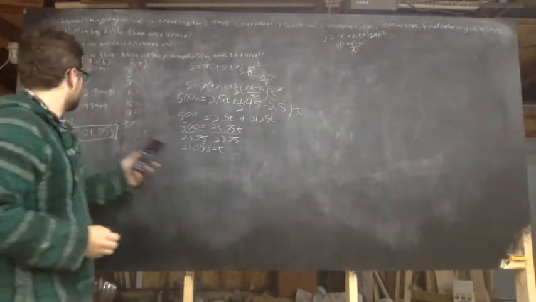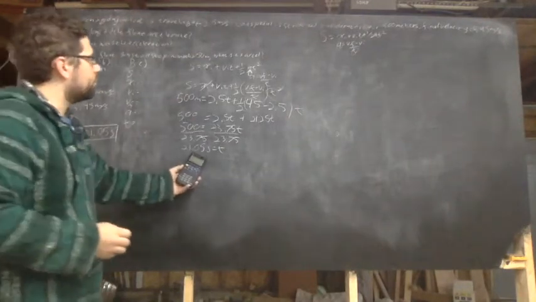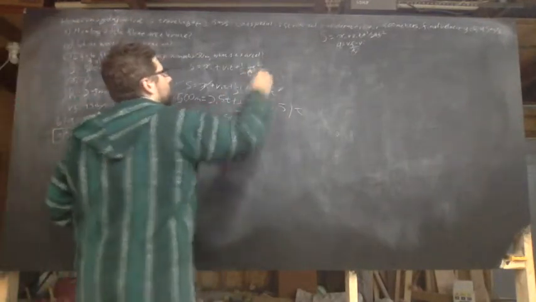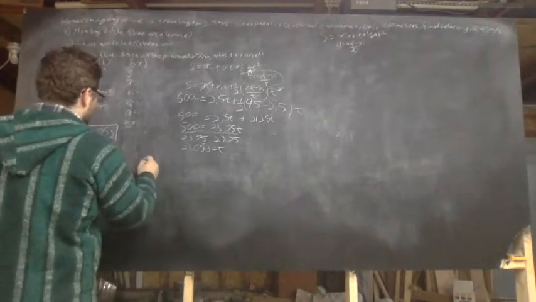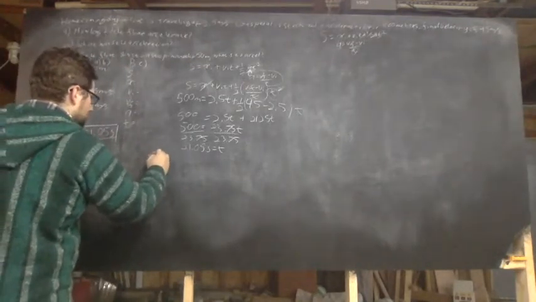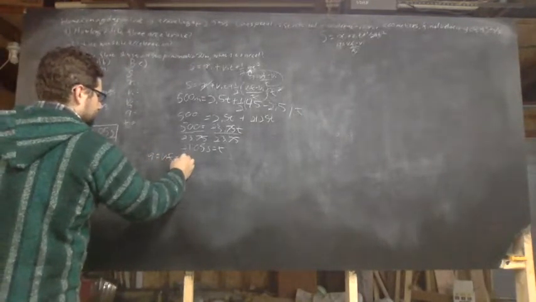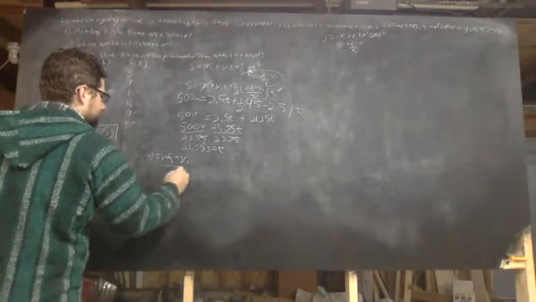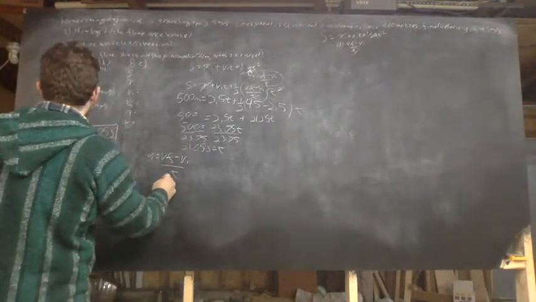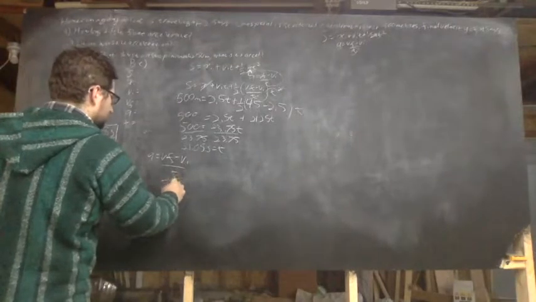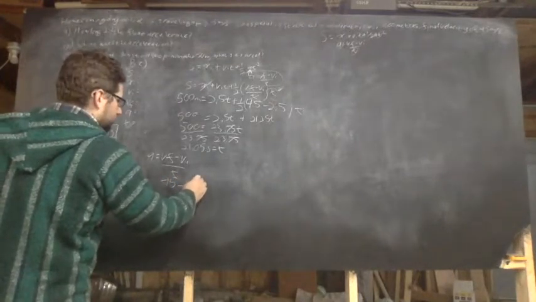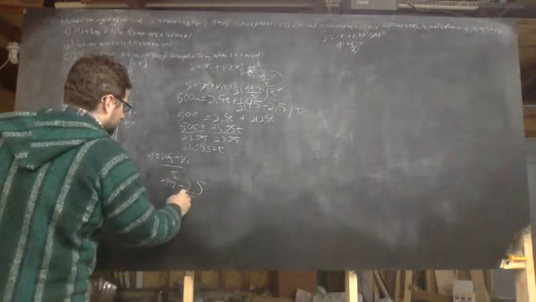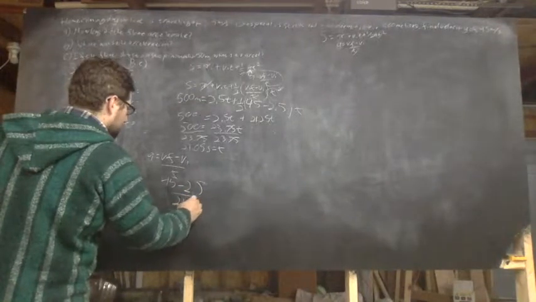Okay, and now to find acceleration, we just plug this number back into our acceleration equation. So doing that really quick, that's going to be 45 minus 2.5 over 21.05.